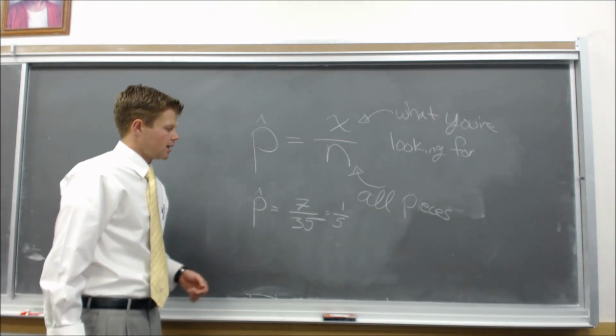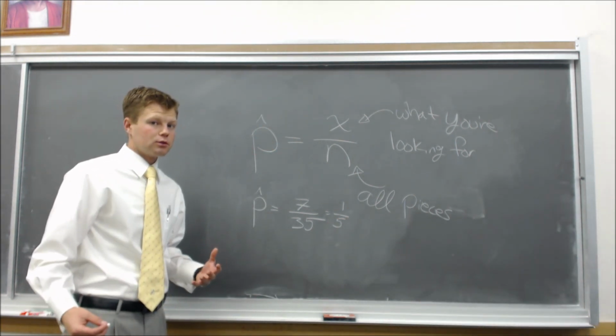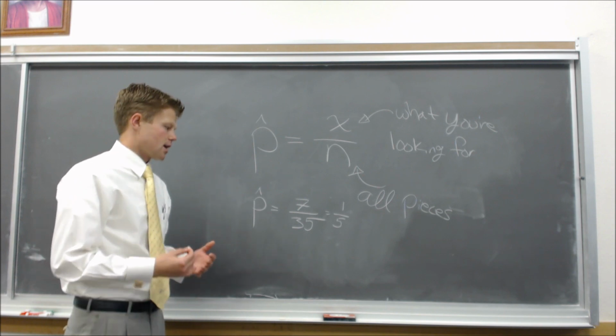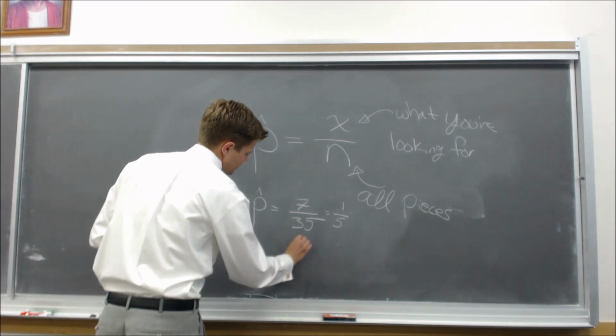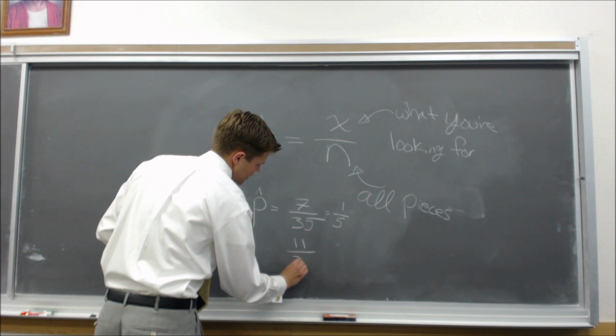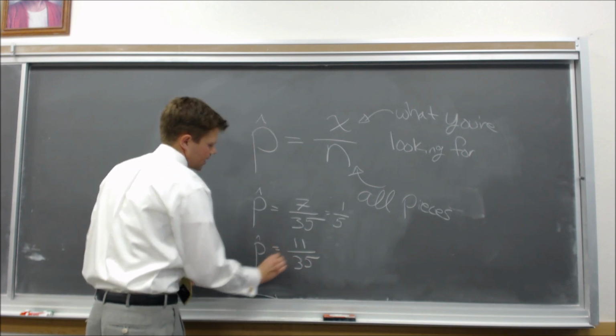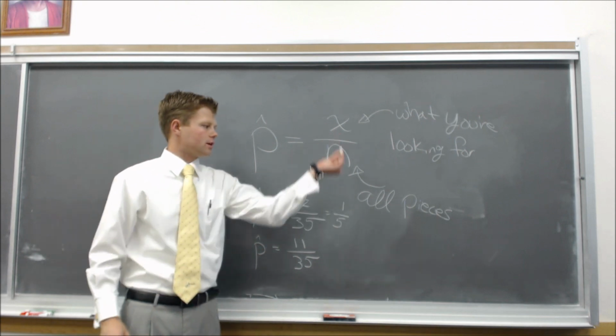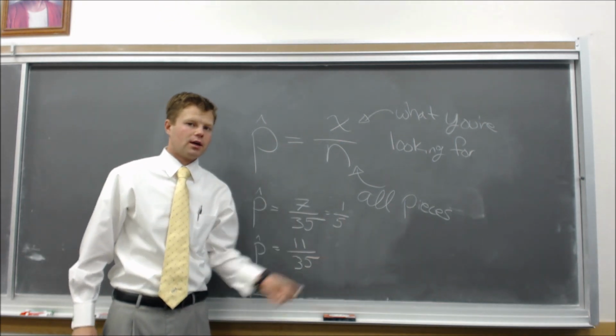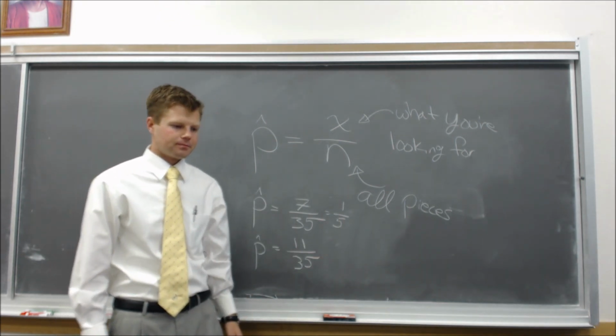If we were looking for how many blues and yellows, and say we had 11, then 11 over 35 would be our p hat. So it's what you're looking for divided by the total amount that there are.